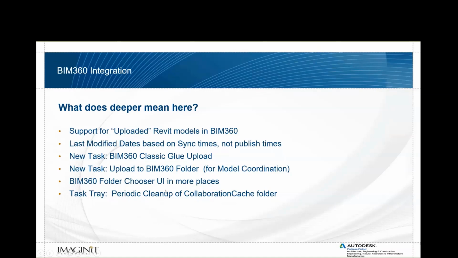We had feedback from some of the early users of it that it was kind of a pain to get the live models into there, and so we have a new task that will push models from either BIM 360 live models or BIM 360 published models, whatever you want to do. It will be able to schedule that push from where the models are into the model coordination folder that you pick.